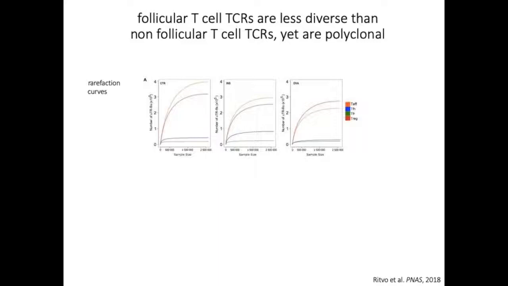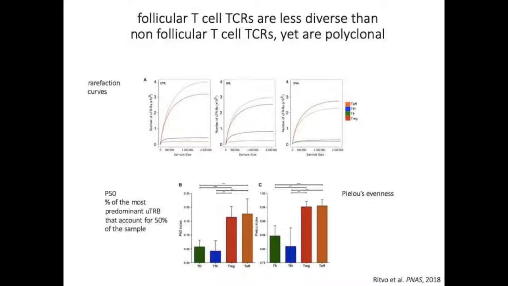And even if you purify these cells from non-immunized mice, you would have this diversity profile of the rarefaction curve shown here. It doesn't change much after immunization with either a self-antigen, which is insulin, or ovalbumin.